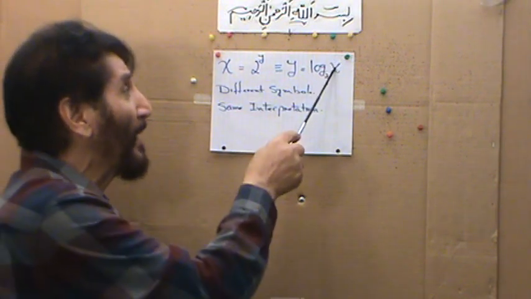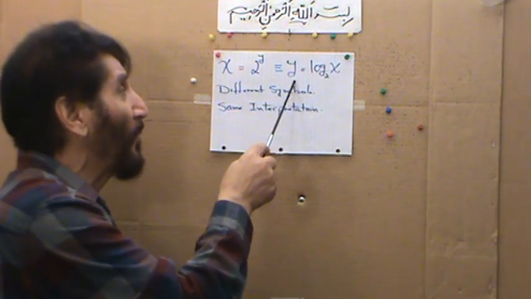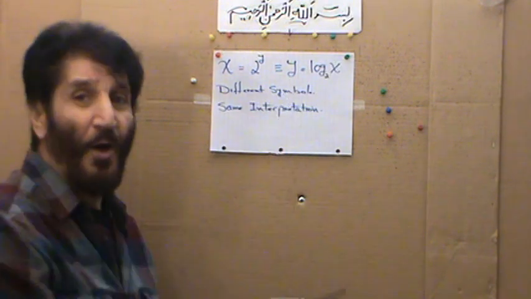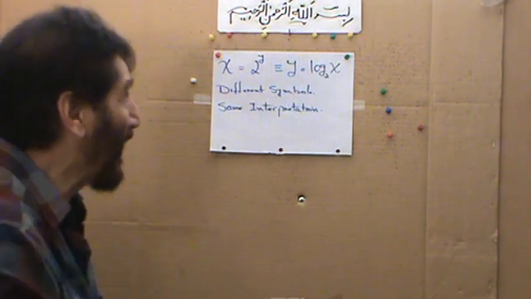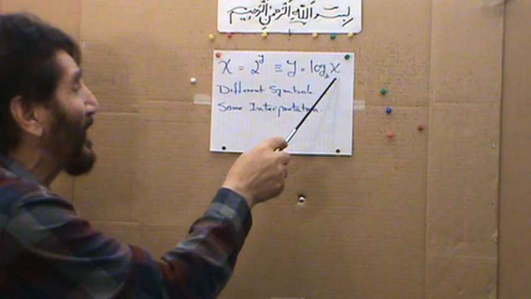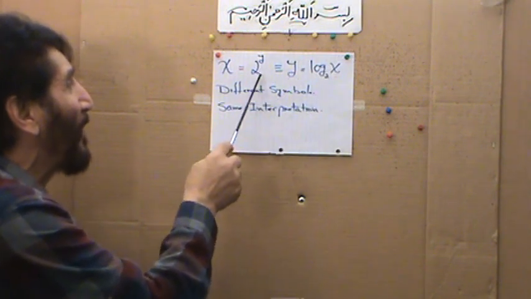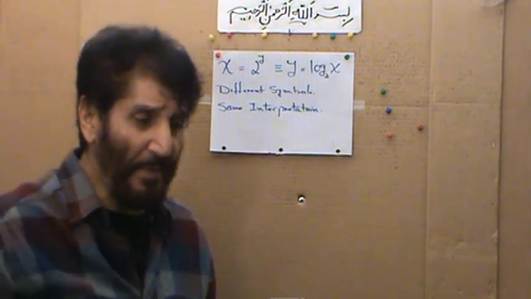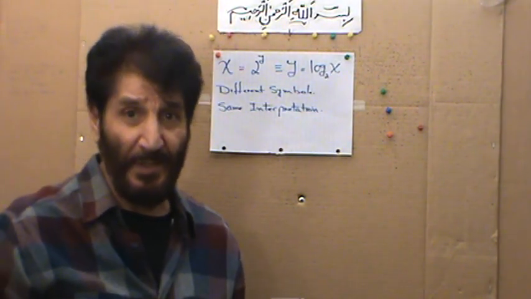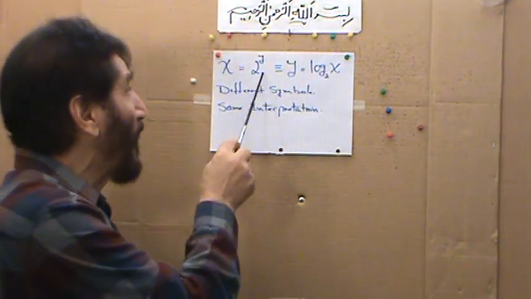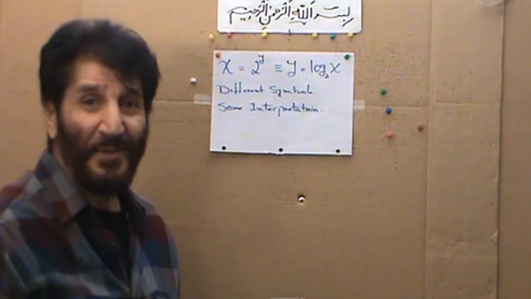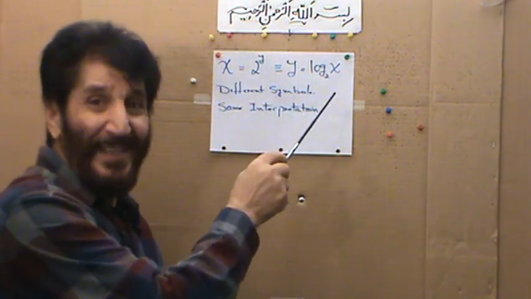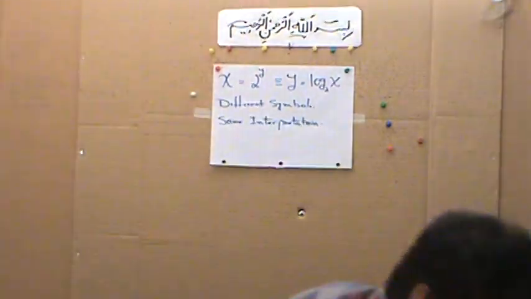We have an independent variable and a dependent variable, so we are in perfect shape for function notation. This one is in function notation, but this one is not. Function notation is more convenient, especially when we work with composition of functions. The other is not comfortable to use in composition of functions, but this one is. We will see that when we come to it.